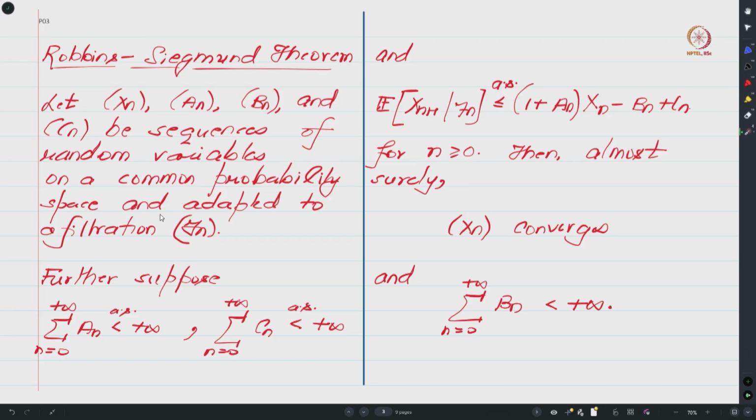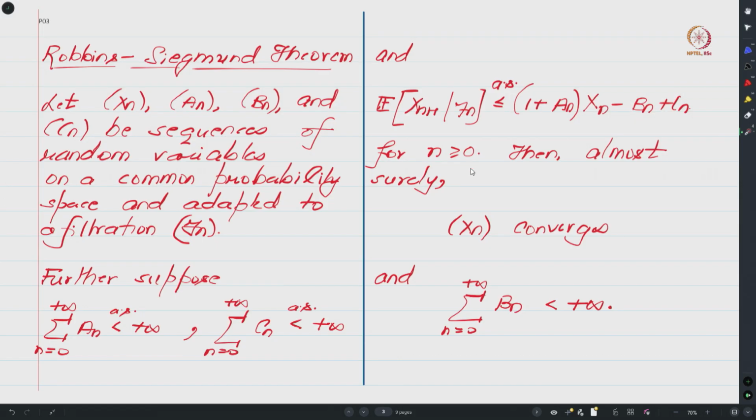Further suppose that if you add up these An's they are less than infinity, and similarly if you add the Cn's up they are less than infinity almost surely. Furthermore, if you take the conditional expectation of Xn plus 1 given Fn, then this is upper bounded by terms of this form, that is, 1 plus An times Xn minus Bn plus Cn, for all n greater than or equal to 0.